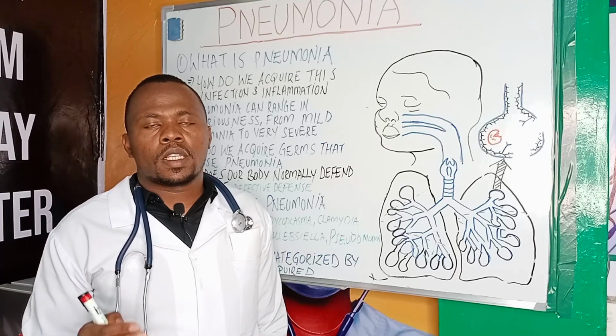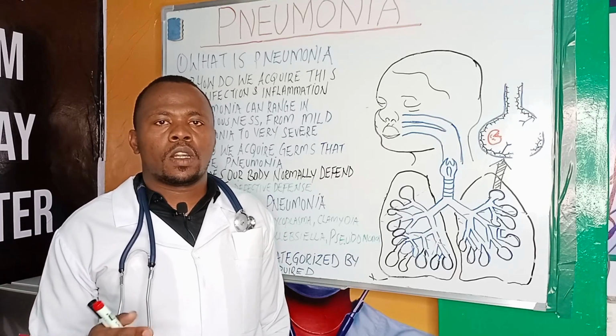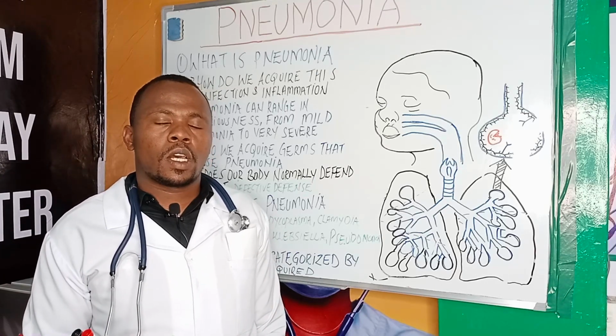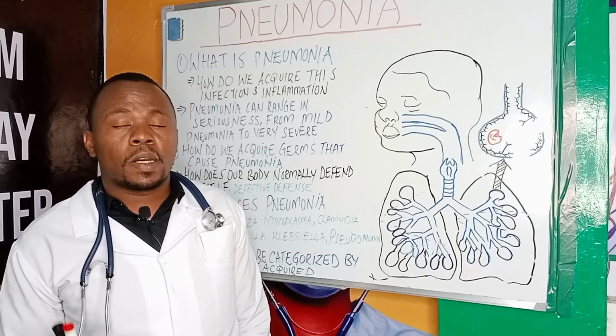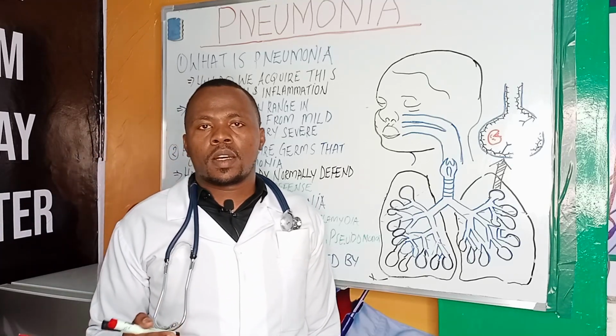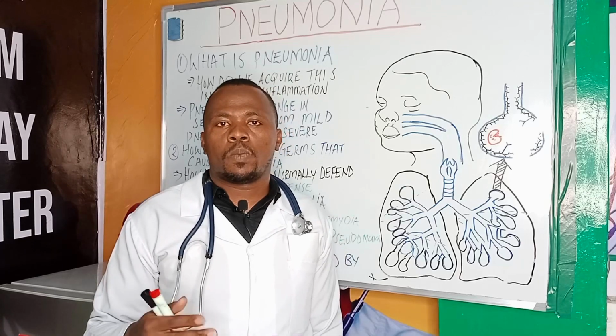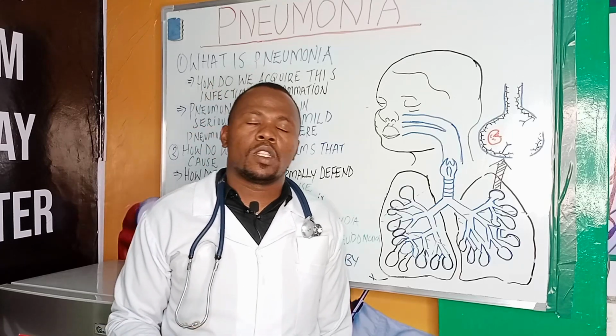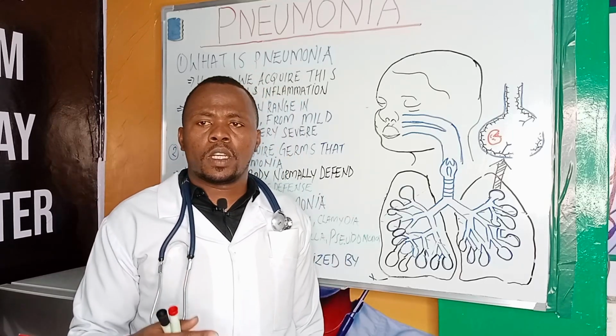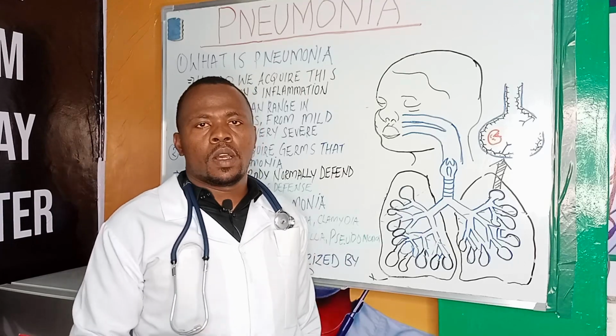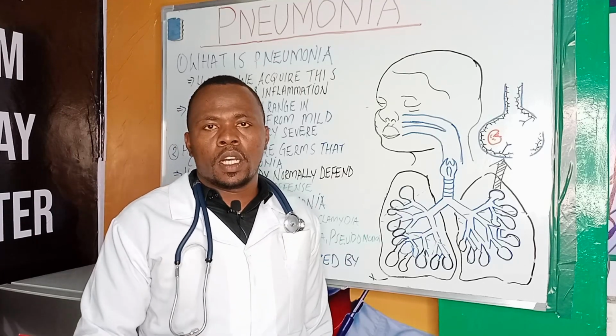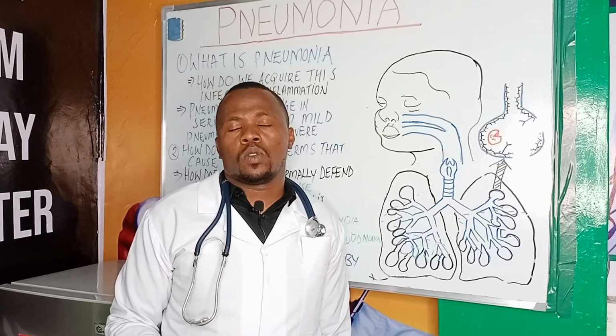These bacteria include Staphylococcus aureus, Pseudomonas, Klebsiella, and other bacteria that are resistant to drugs. Resistance means that they don't respond to common antibiotics. Because these patients you are acquiring pneumonia from are already ill, that's why they are admitted in the hospital.